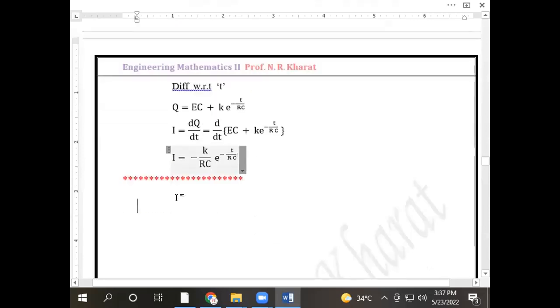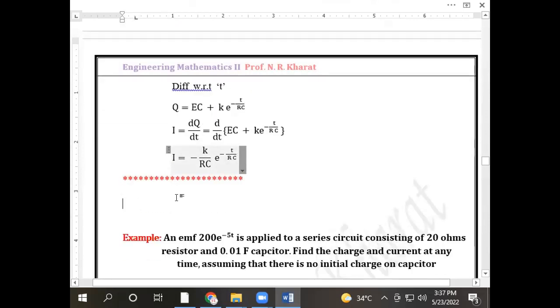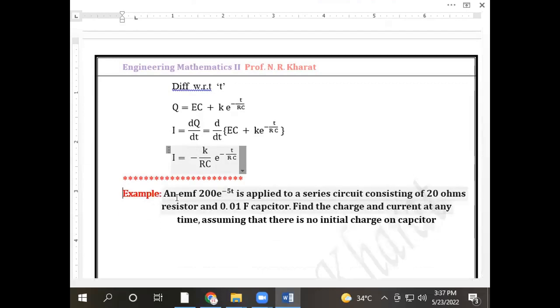So, let's see an example to understand our concept. Here, an EMF 200 e raised to minus 5t is applied to a series circuit consisting of a 20 ohm resistor and a 0.01 farad capacitor.